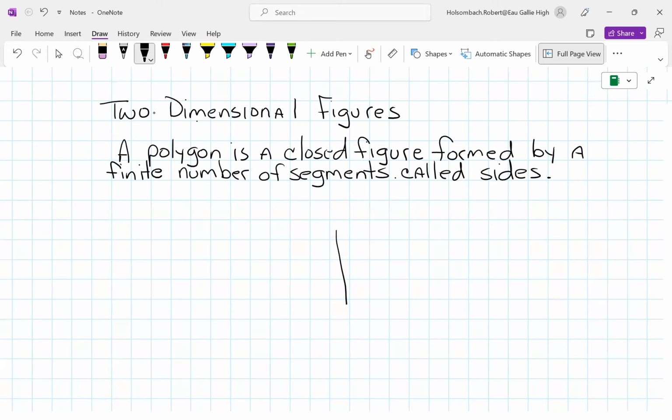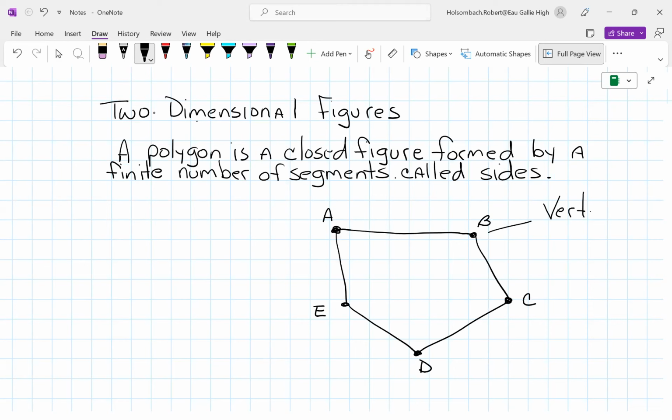So here we go. Here's a polygon. And if we label these points, point B here would be called vertex B. We could call this side right here side CD.